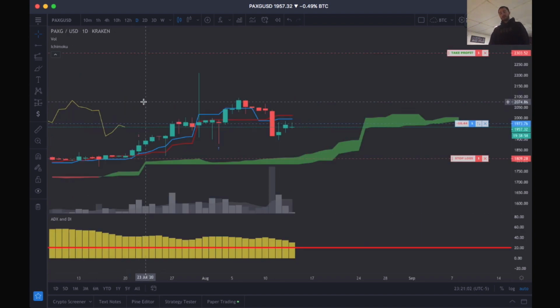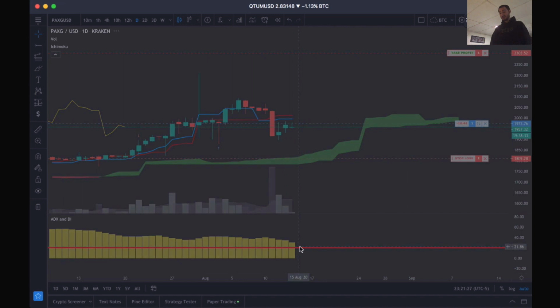I would not buy this because we are below these lines that we want to bounce over, bounce on, and I would buy it if it came down here and started to bounce back up. The only problem being is that the lightning bolt would need to be above price, and the ADX would probably start decreasing below here, so I would not anticipate buying this.